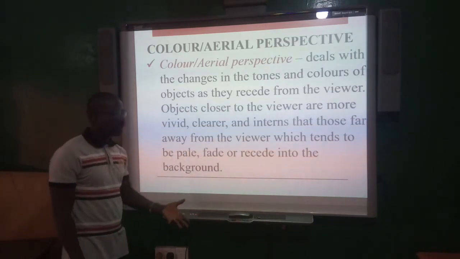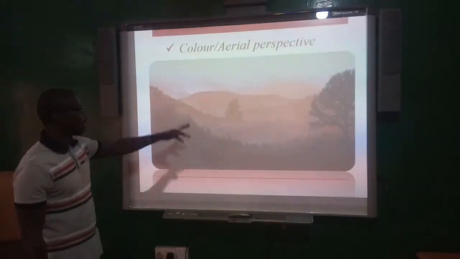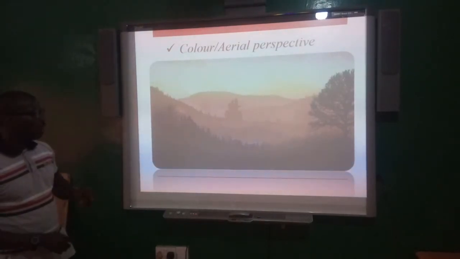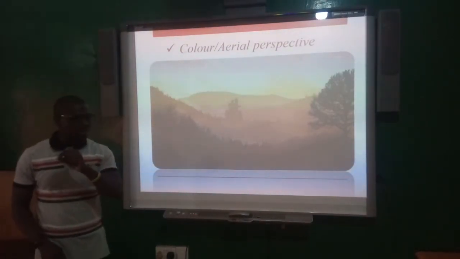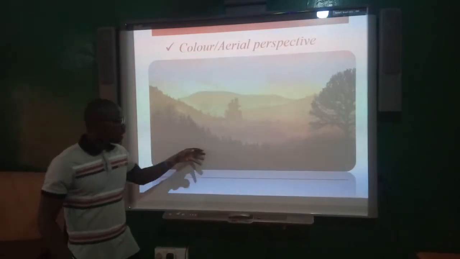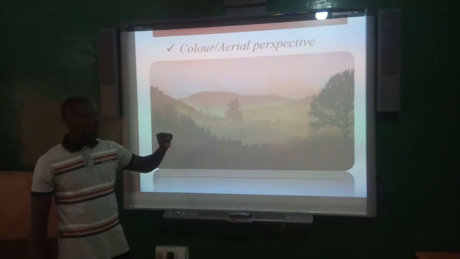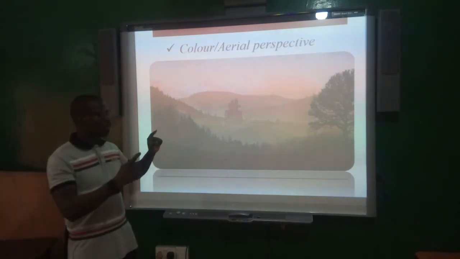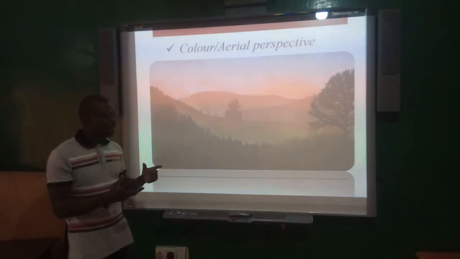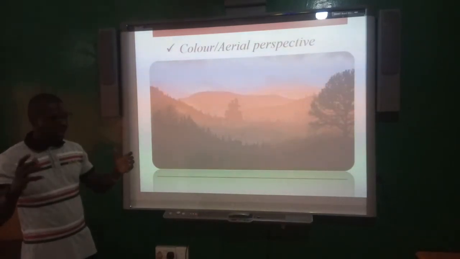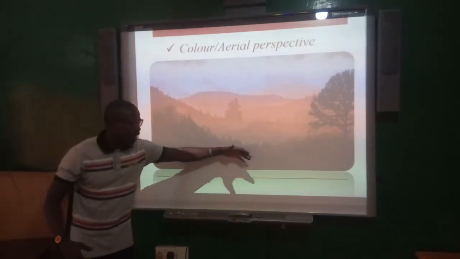Let's take a look at this particular picture I have on the board. If you look at the picture very well, where is the viewer standing? Or the person who took the picture, where did he stand to take the picture? I'm sure your answer is as good as mine. The person was standing somewhere here.